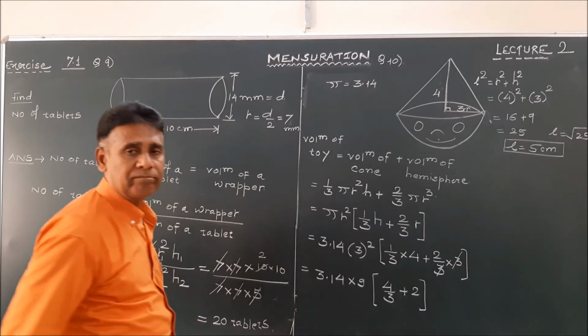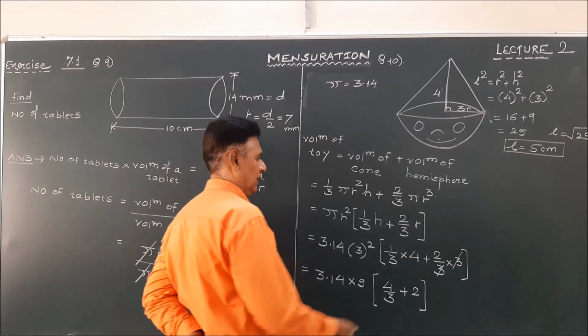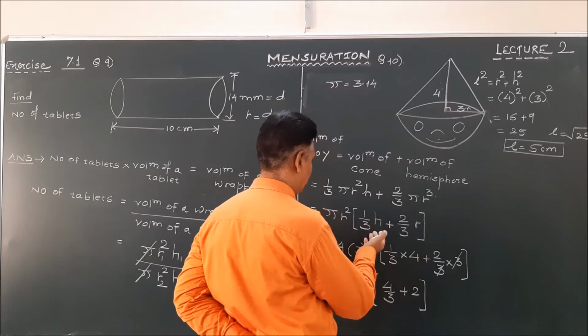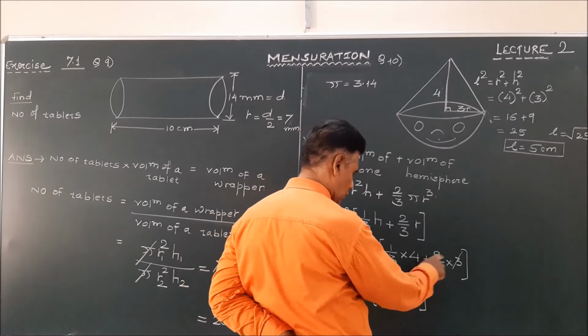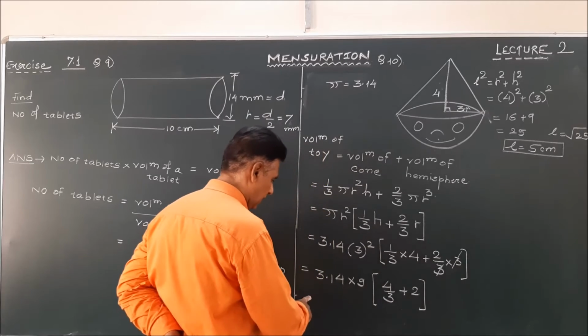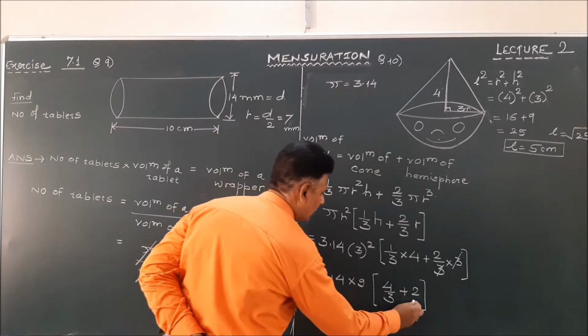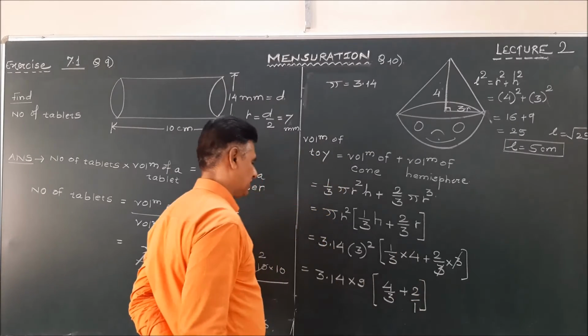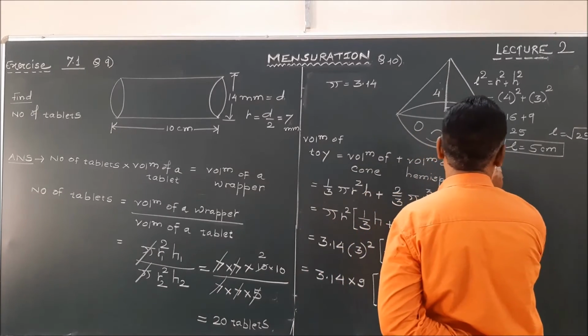Correct. 3.14, r square is 9. Here I left 1 upon 3 h. So 4 upon 3 plus 2. 3 cancel. Now here you will find 3 times 6 plus 4 is 10. You all know this, how to do it. So 3.14 into 9 I will do here.